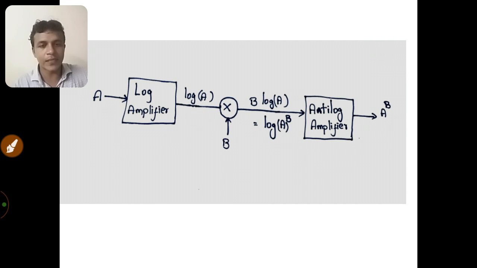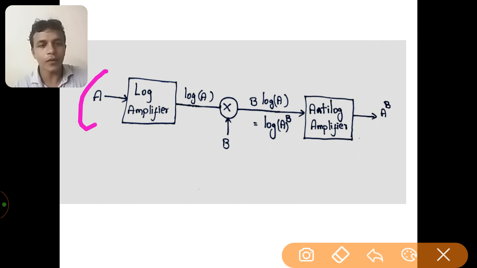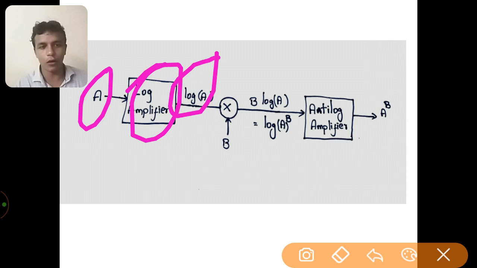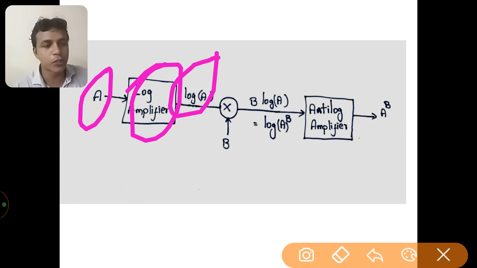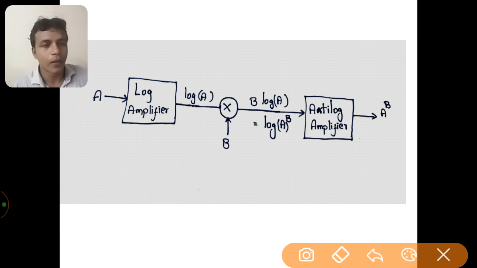We pass the signal A through a logarithmic amplifier, and at the output we get log A. Then we weight the output of the logarithmic amplifier using a value B. Weighting means we are multiplying, using a multiplier, log A by B. So the output is B times log A.